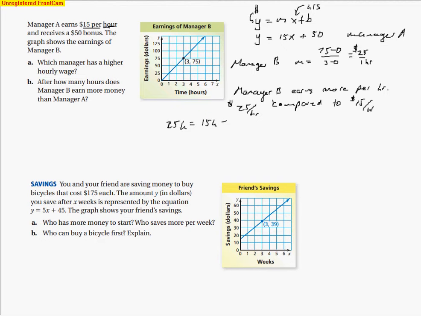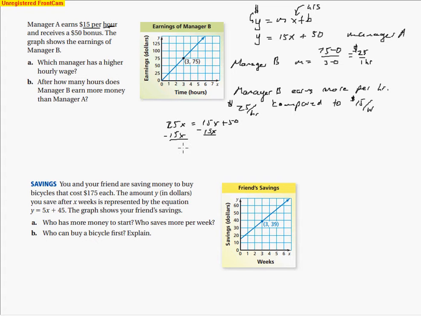And actually, I'm going to change that back to X, since I was using X before. So 25X equals 15X plus 50. So basically I'm taking manager B's wage, because they don't earn an extra stipend for anything. They don't have a bonus. They just earn $25 per hour. So I'm setting it equal to manager A's amount.